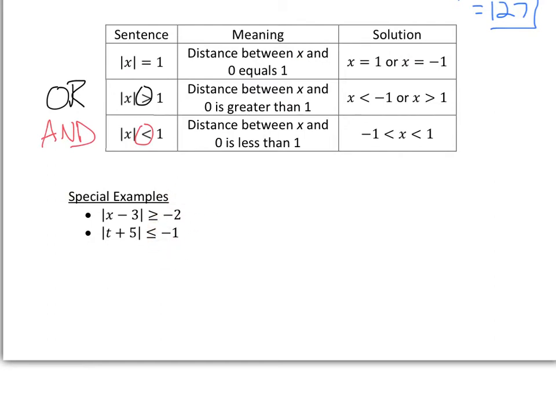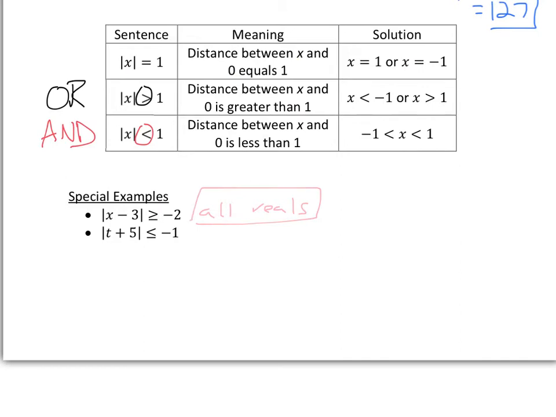For this first one, the distance between x and 3 is greater than -2. Well, every distance between any two things on a number line is going to be greater than -2. So this one is going to be all reals, or all solutions.